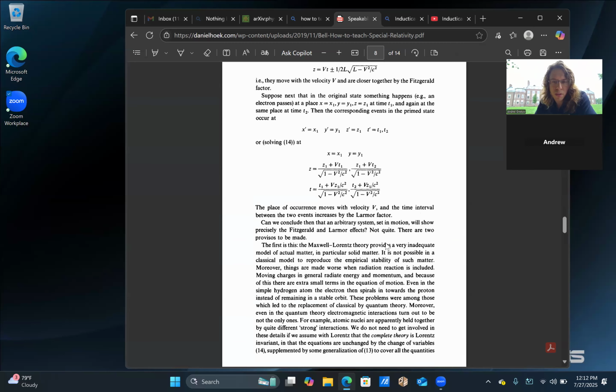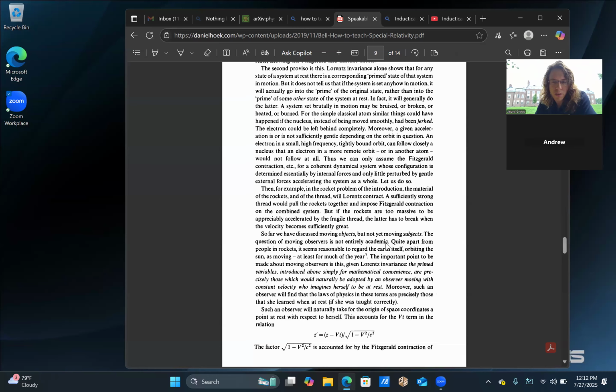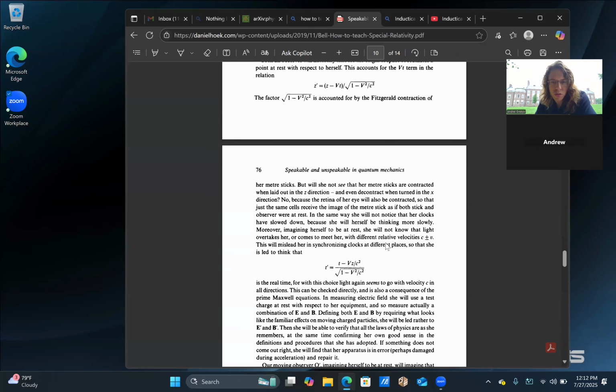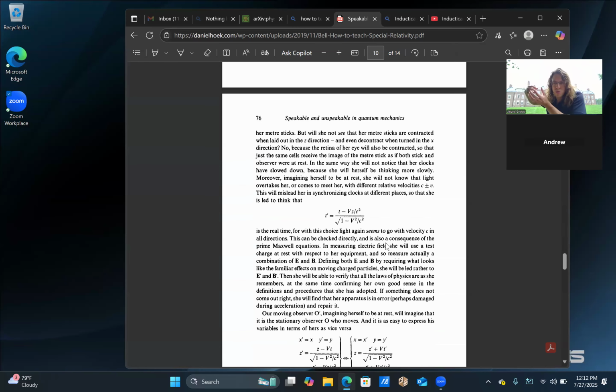Here he also explains that the observations of the person moving with the ship, which he made with respect to us, could also be explained by all these contractions, because this person on the ship is contracted himself, and his clocks are moving slower.